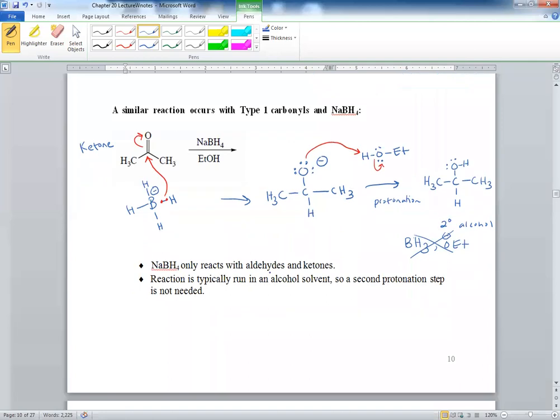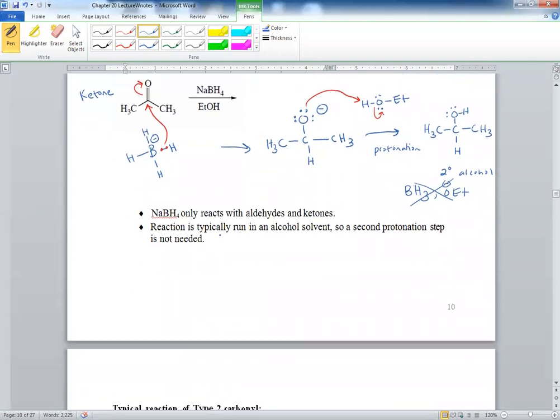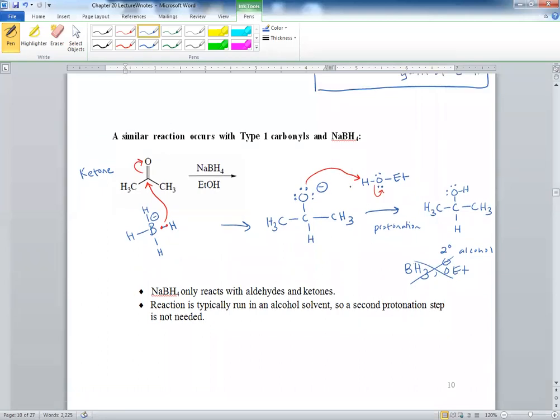A few things before we end this video is that sodium borohydride only reacts with aldehydes and ketones, as we said, and the reaction is typically run in an alcohol solvent. So a second protonation step is not needed, meaning this will take care of it all in one step.